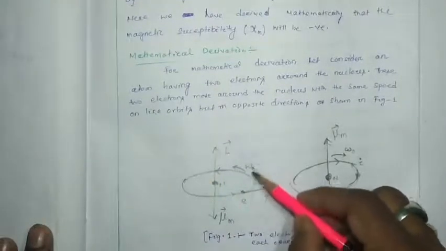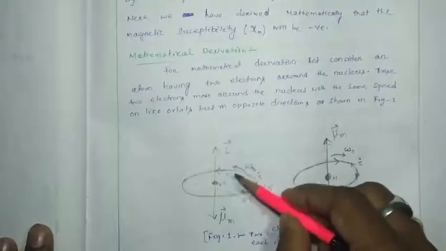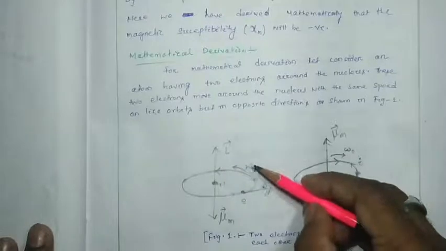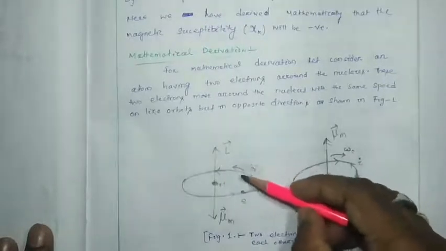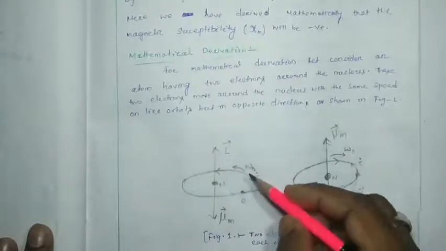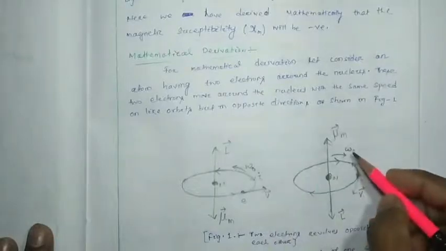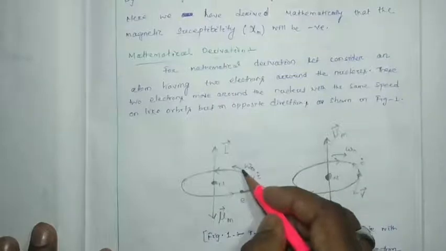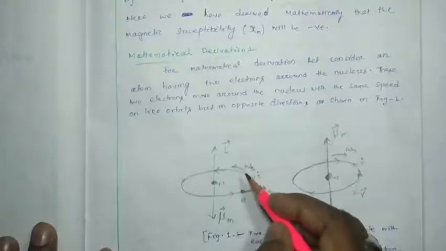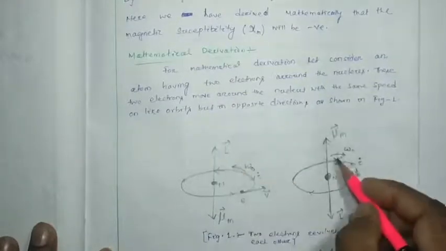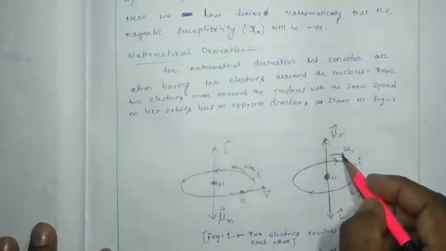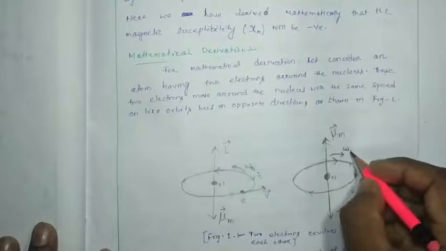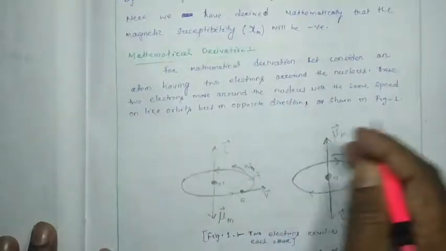That means the frequency with which the electron is revolving around the nucleus, that is your angular velocity omega 0. This is written as omega 0, this is also omega 0. This omega 0 is vectorially represented in this way, clockwise, anti-clockwise. Okay, this is omega 0.